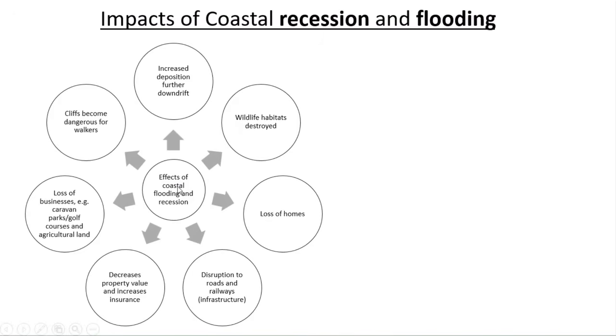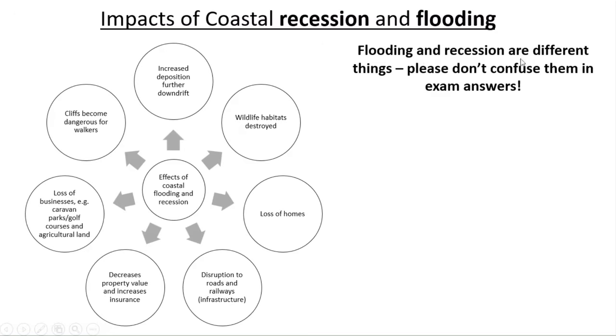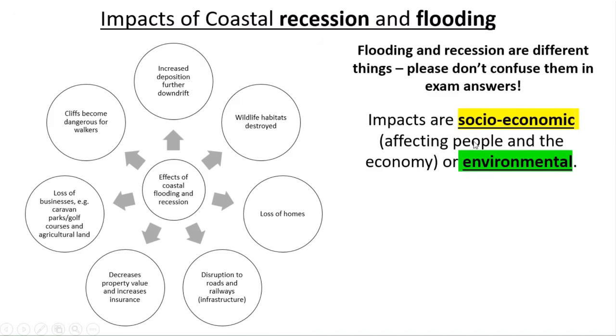So most of the impacts, or effects, of coastal flooding and recession, we are mainly bothered about the ones that affect us as humans. Okay, so remember, flooding and recession are different, don't confuse them. Impacts are either classified as socio-economic impacts, i.e. they affect people and jobs and money, and they're the ones we're mostly worried about, or environmental impacts, so can affect habitats and species.